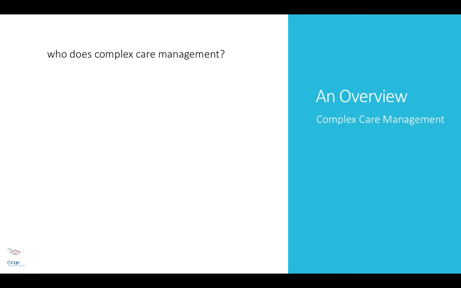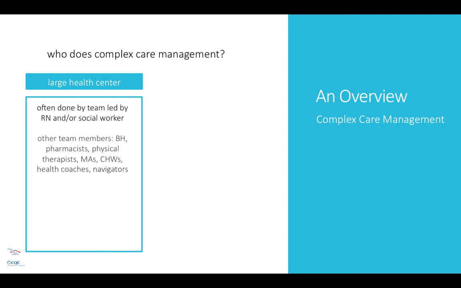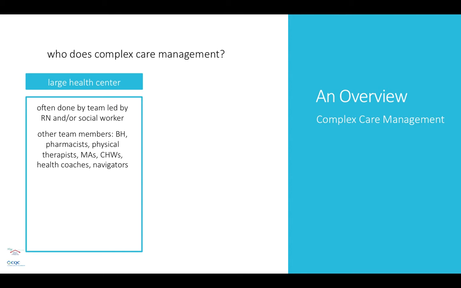In larger health centers, complex care management is done by a team led by an RN or social worker. Other team members may include behavioral health, pharmacists, physical or occupational therapists, medical assistants, and community health workers, health coaches, or patient navigators.